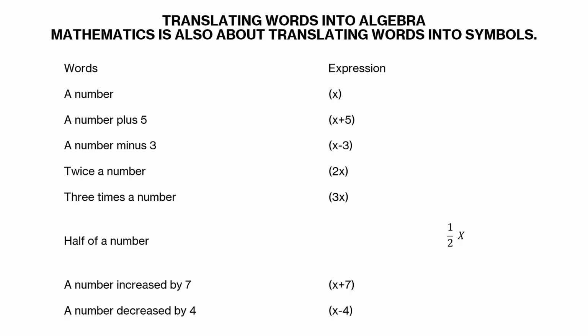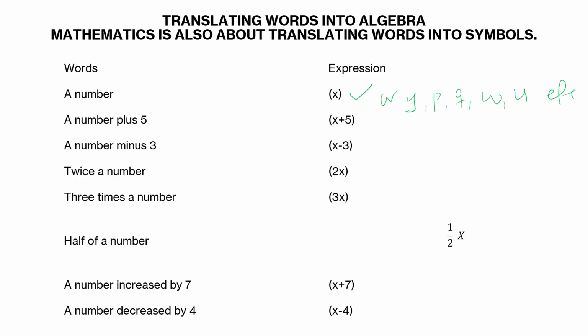Now we are going to translate words into algebraic mathematical expressions. A number can be represented by x or y or p or q, w, u, and so on. So a number plus 5 is x plus 5. A number minus 5 is x minus 5.